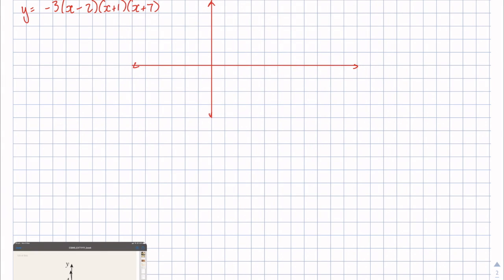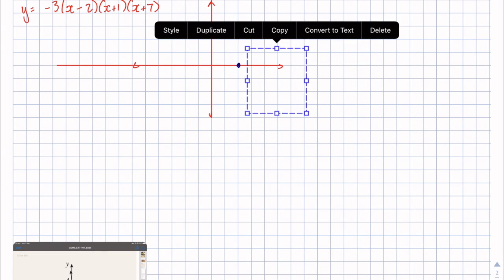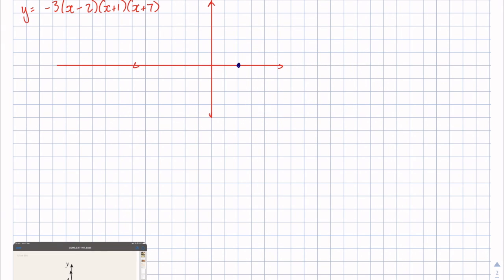This one's going to go through at positive 2 because I did everything the wrong way around. And that means I'm going to have to move this one a lot over this way. Positive 2, negative 1, and negative 7.